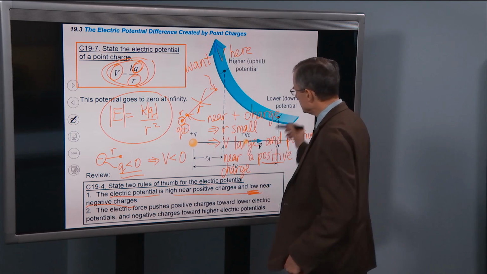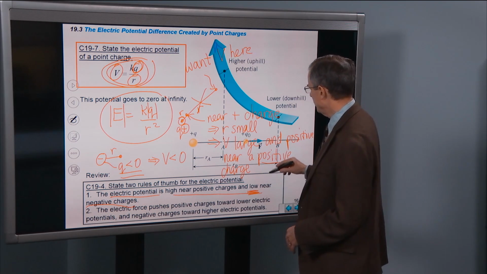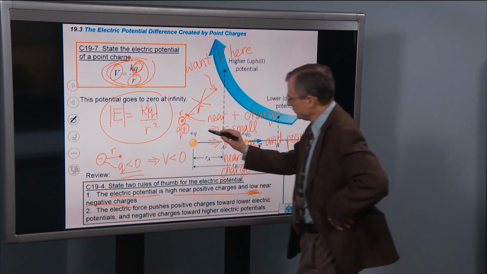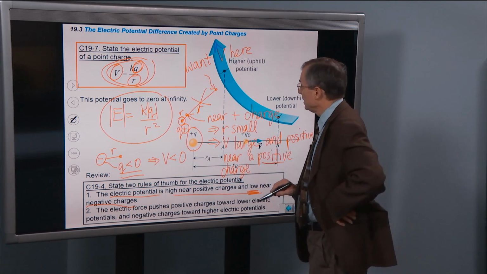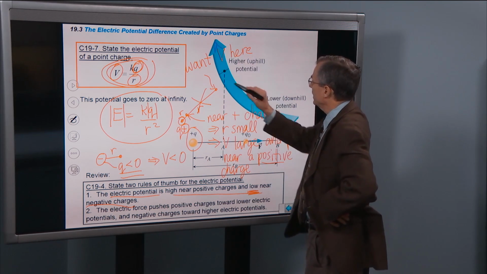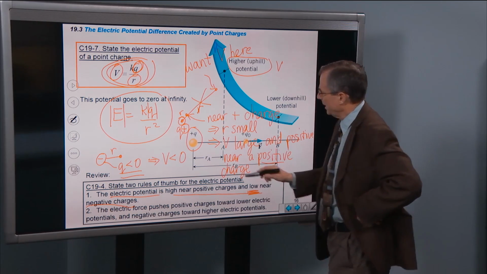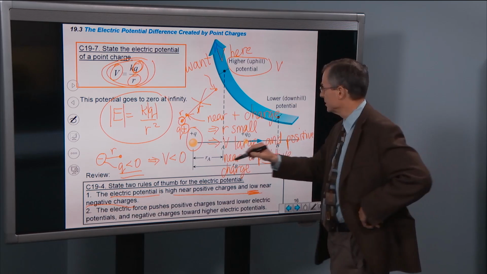Okay, this diagram here, I don't know if you can see it very well. You should be able to see it more or less through my scribblings. This is for a positive test charge, and it's a plot of the potential, V, as a function of distance away from this positive test charge.